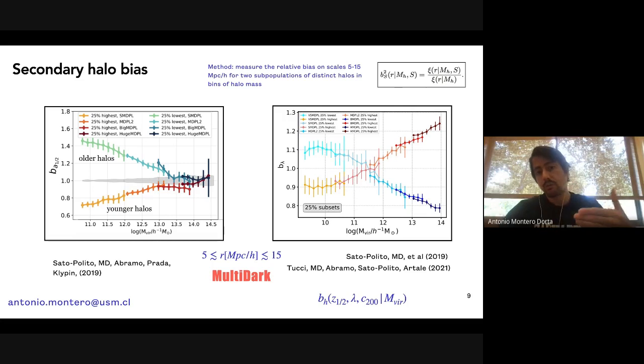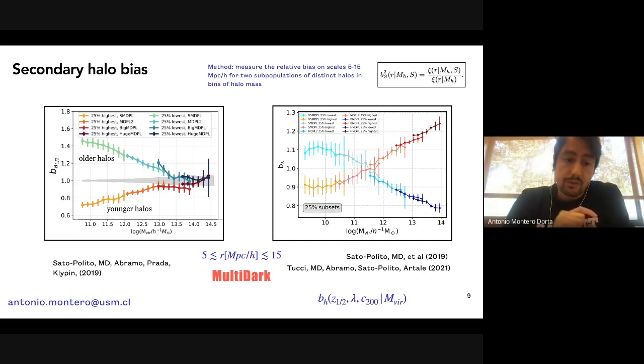What you do here is compute the relative bias between two populations of halos split by a given halo property. On the left-hand side, it would be the age of the halo; on the right-hand side, it would be the spin. You use quartiles to map the whole distribution, and you compute the relative bias. If the relative bias is 1, it means no assembly bias or spin bias. If there's a difference in bias at fixed mass, then you have a signal.